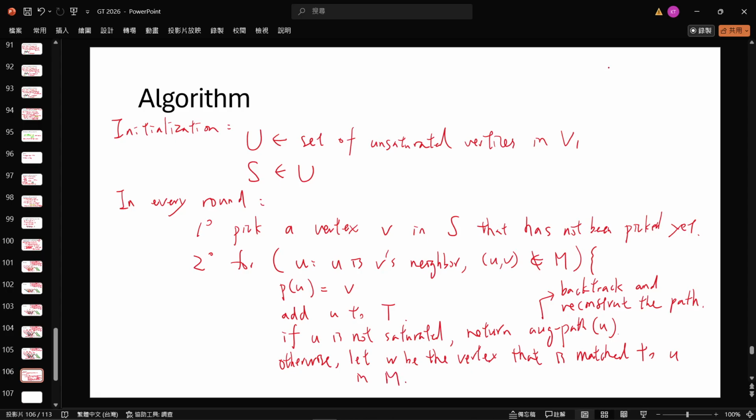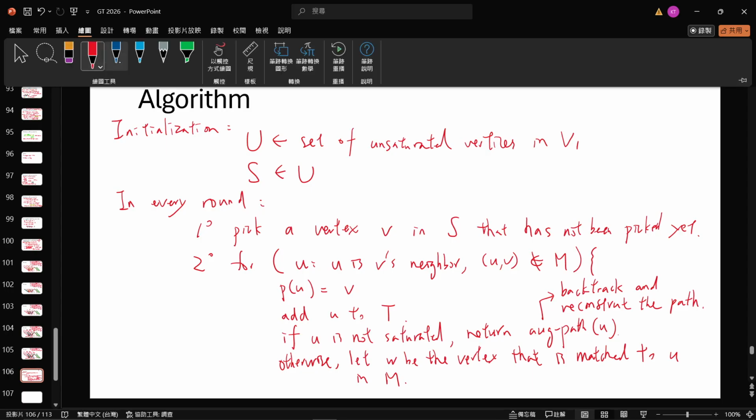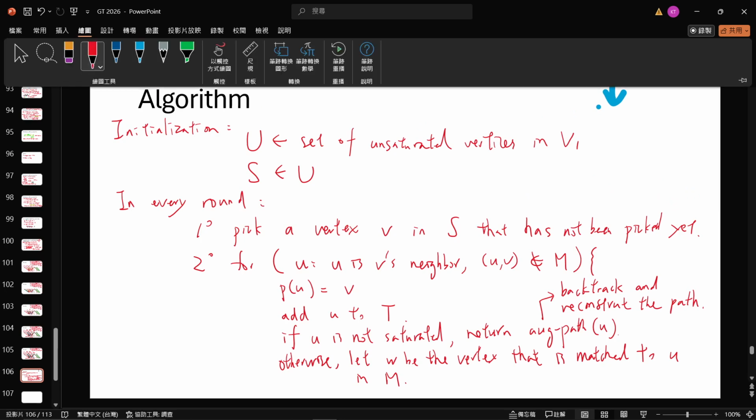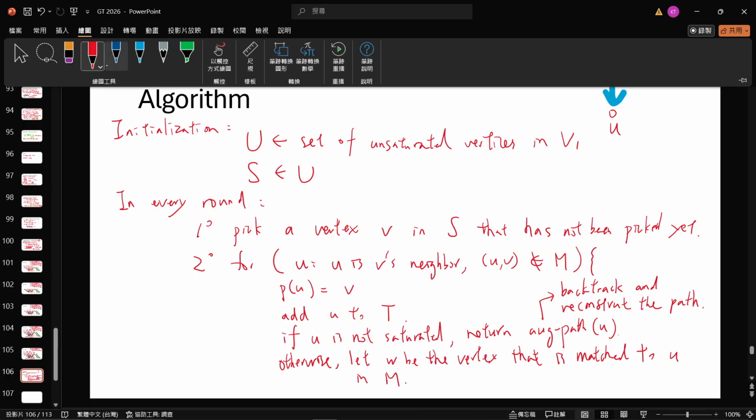I think I have to draw a picture. We have this vertex V, and then we go down to reach this vertex U. If U is saturated, then we can go up again.